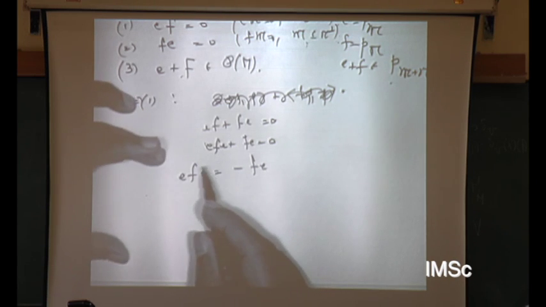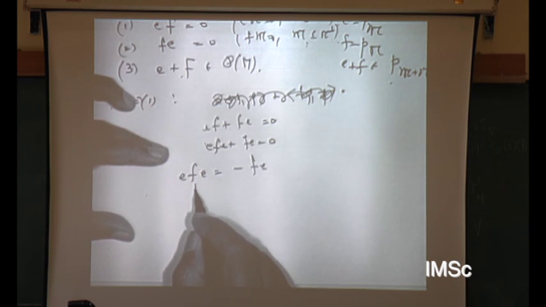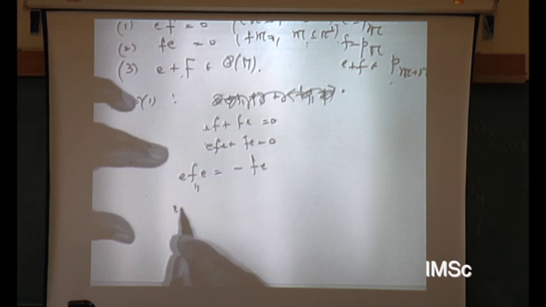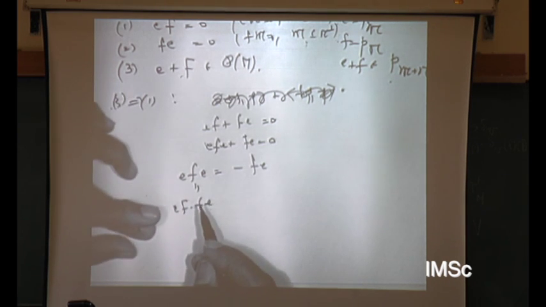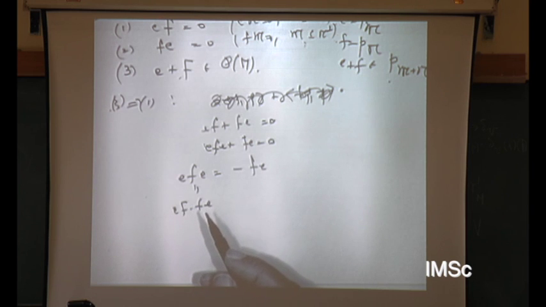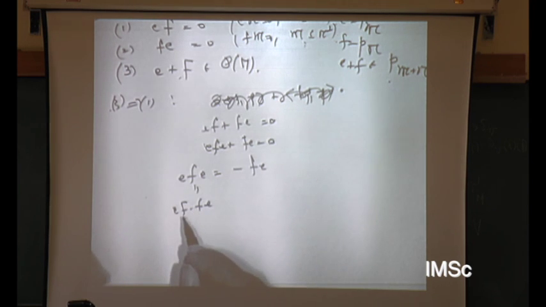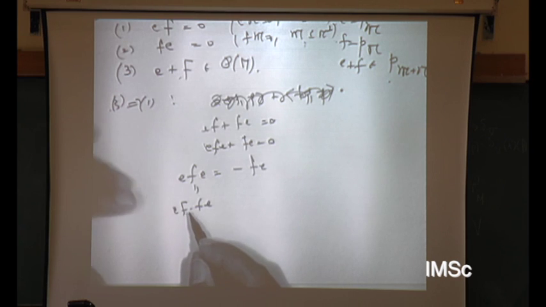But EFE is positive. What is this? This is EF times FE. FE is the adjoint of EF. So anything of the form Z star Z is positive, so this is positive.